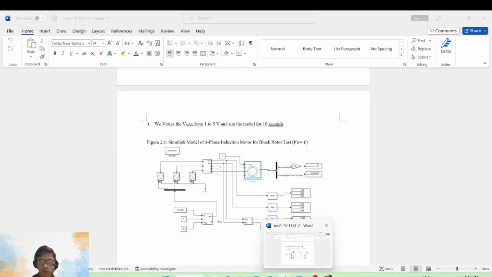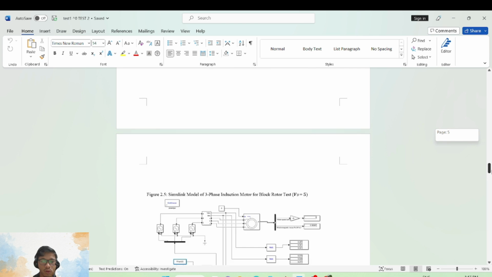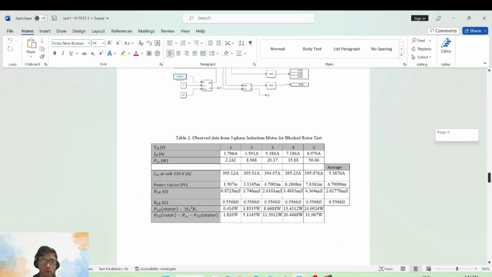From the information, this is table 2. We have the data from the three-phase induction motor for the blocked rotor test. This is the Vmax that we have to raise from 1 until 5.